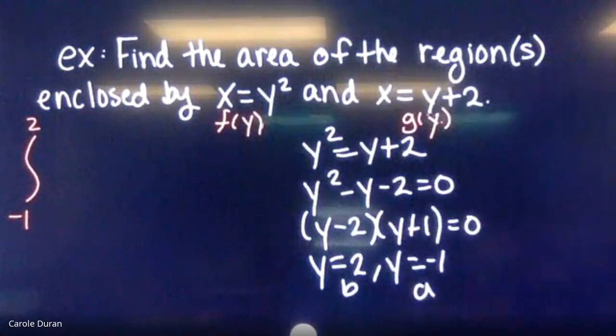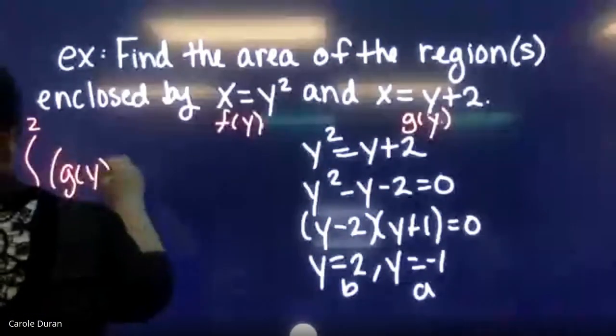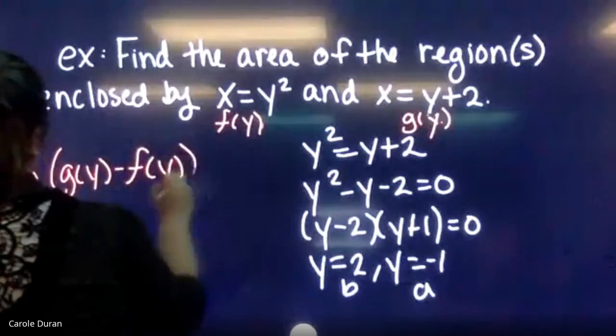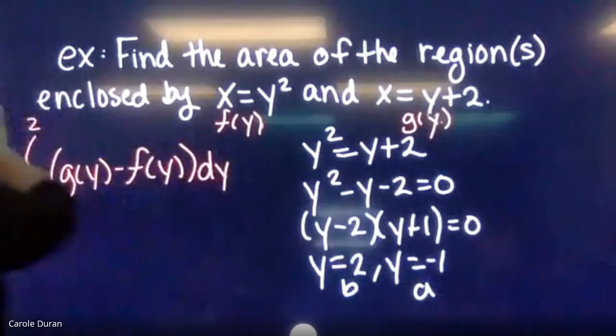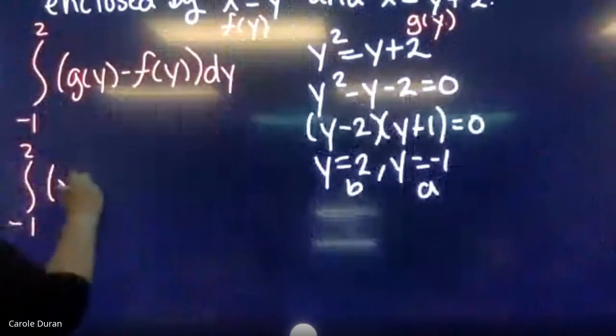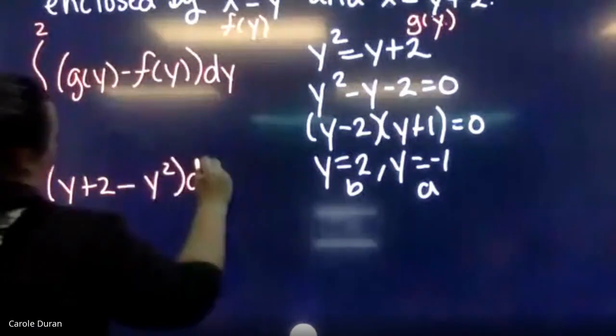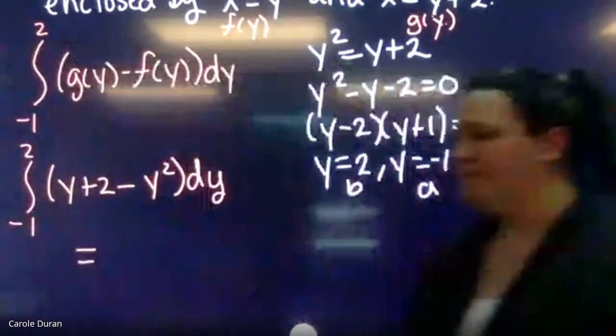It does not matter which number on the interval you pick, and it doesn't matter what names you assign to your functions. So we get g of y minus f of y dy, which becomes y plus 2 minus y squared dy, and I can put that into my calculator.